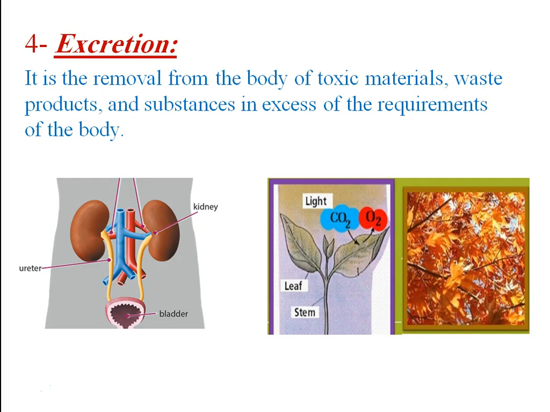Carbon dioxide can diffuse in, oxygen diffuse out, or if the plant is at night, it's not doing photosynthesis, then it will give out carbon dioxide. So diffusion of gases in and out, that's excretion. And for some plants, when they shed their leaves, when the leaves become yellow and fall off from the tree, all the unwanted substances are removed with these leaves that fall off from the tree.